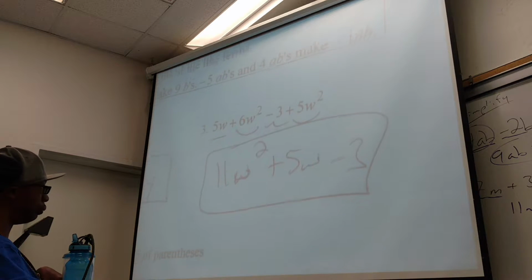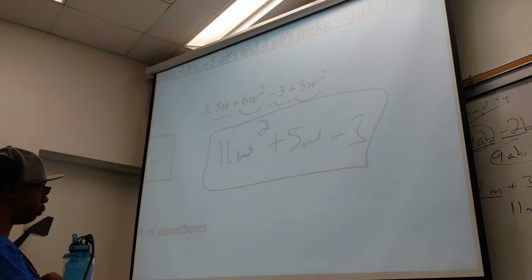Why is the 11 first? It doesn't completely matter at the moment, but with polynomials, I want to start making you understand that descending order is the normal way. You do the highest powers to the lowest power. But for right now, what did you say then?